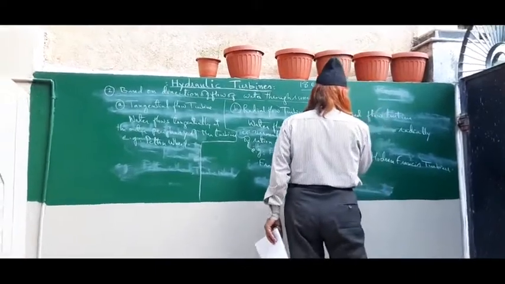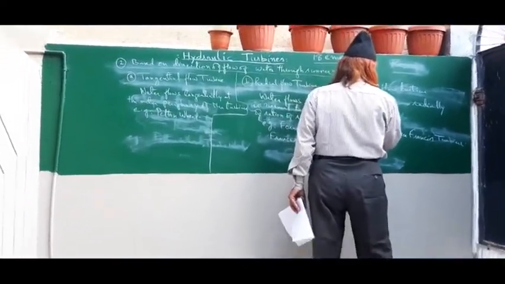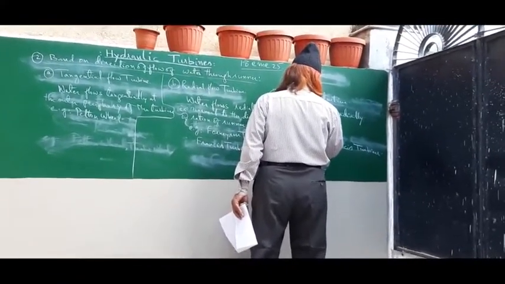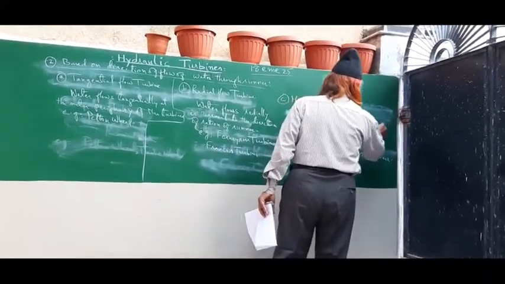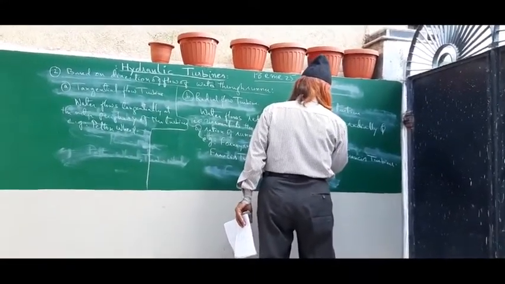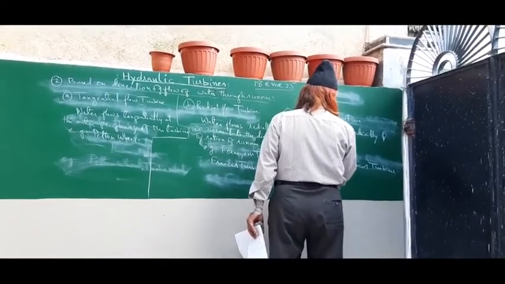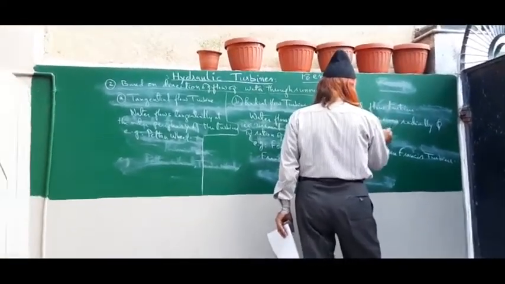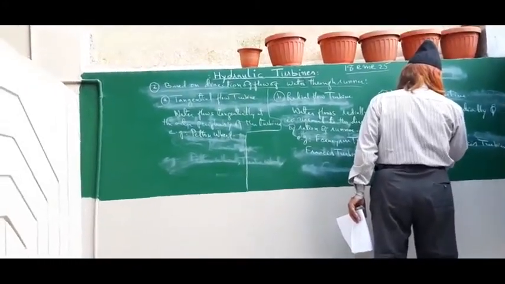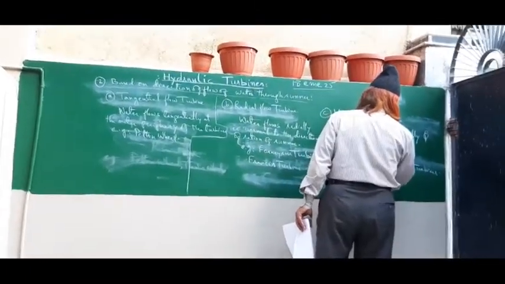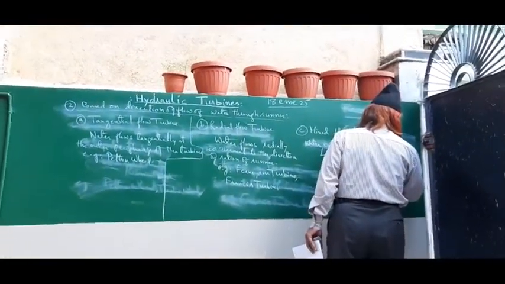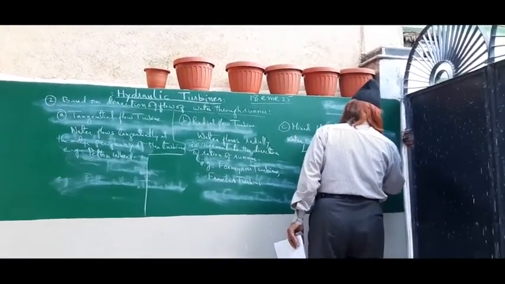Water enters the runner radially and leaves parallel to the axis of rotation. This is what it is.